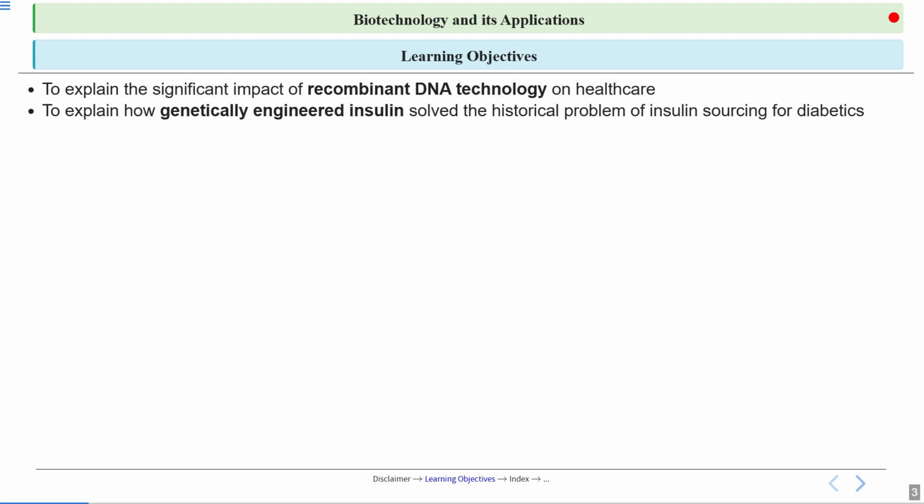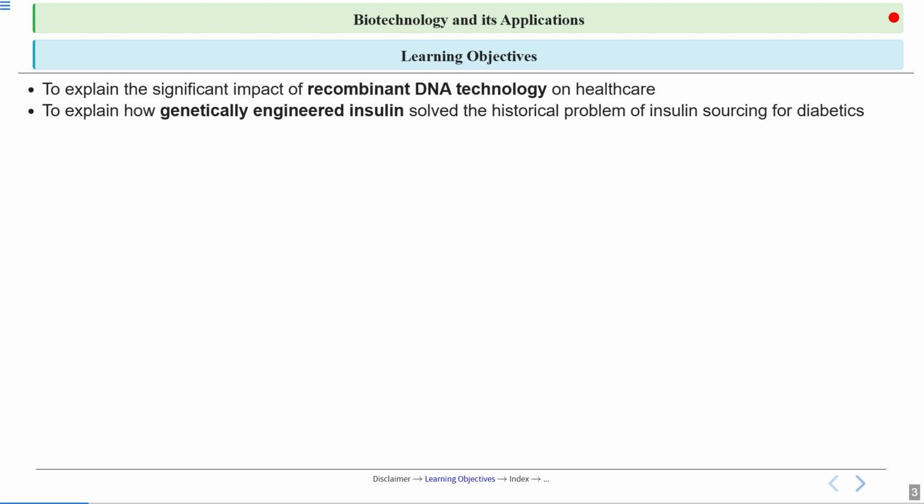Second, to explain how genetically engineered insulin solved the historical problem of insulin sourcing for diabetes. We know that some diabetes patients have to take insulin to maintain the sugar level in their body. But what used to happen before, how did we get insulin?